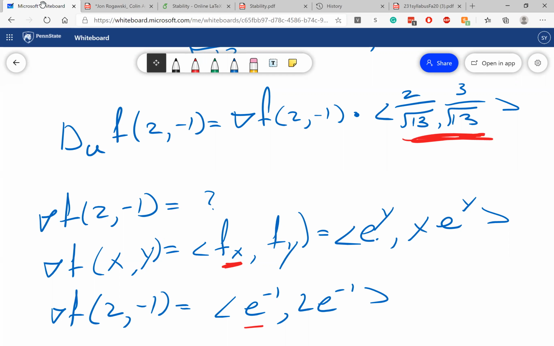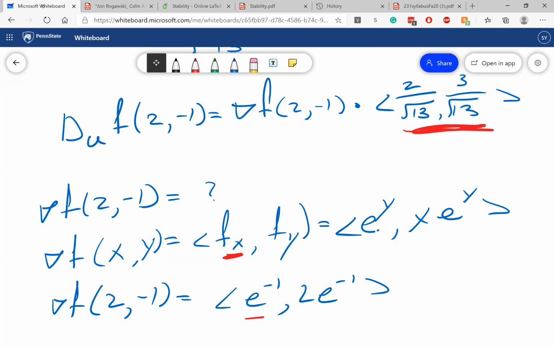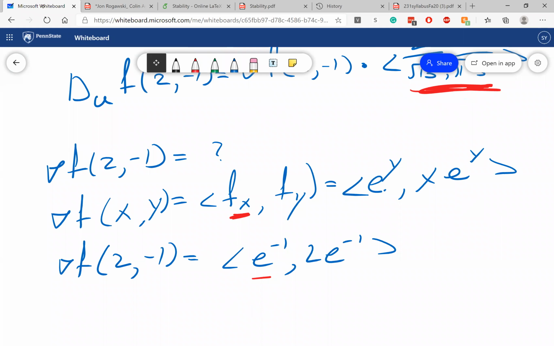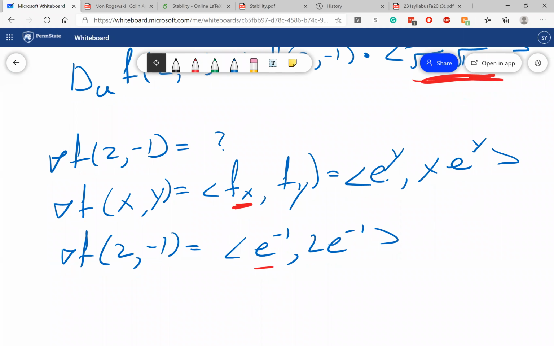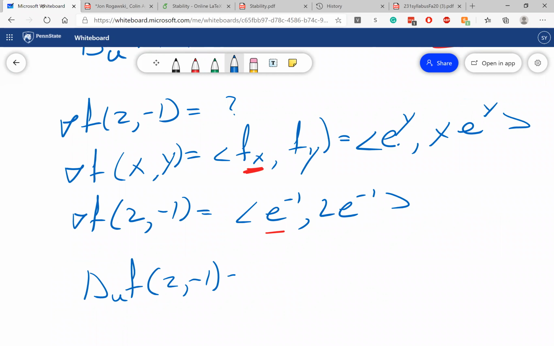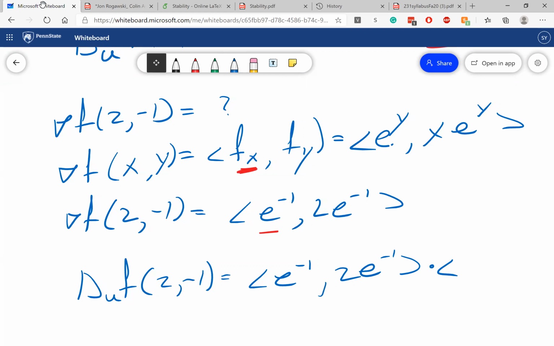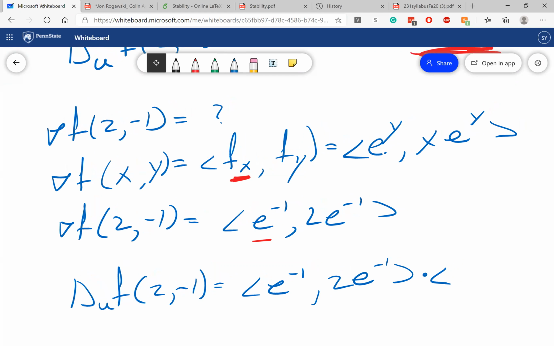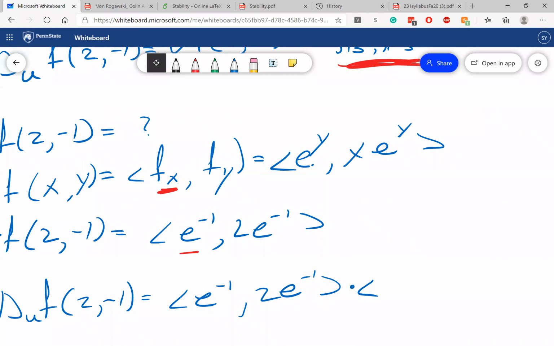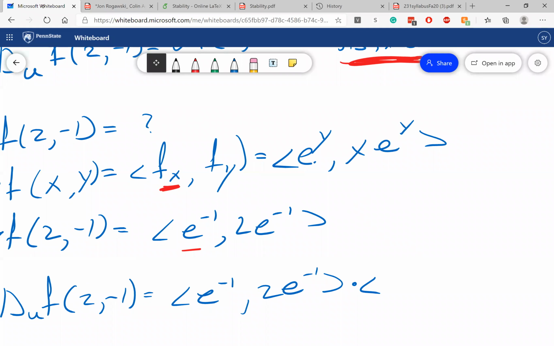So we are going to say, once again, that the directional derivative of this at 2, negative 1 is going to be e to the negative 1, 2e to the negative 1, dotted with 2 over the square root of 13, 3 over the square root of 13.